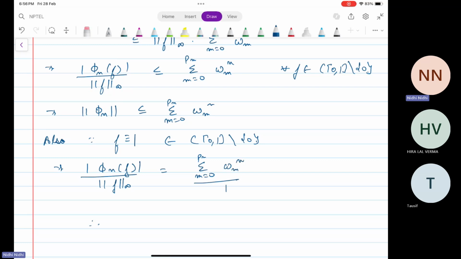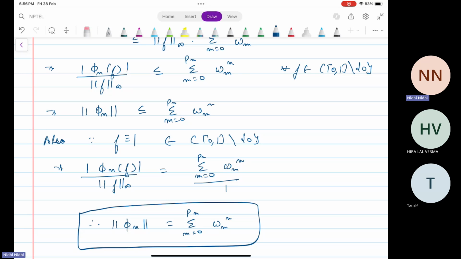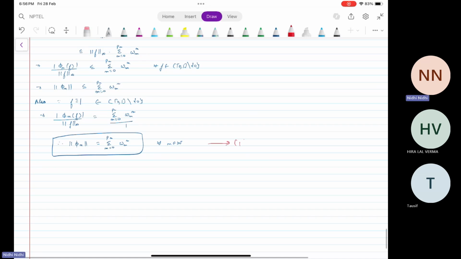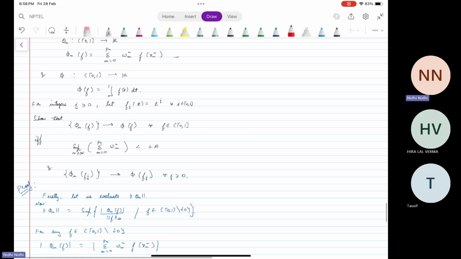So therefore, the operator norm of phi_n is equal to summation m from 0 to P_n of w_mn. This is for every n in N. So let me mark this as number 1. Now we need to show star holds if and only if hash holds. Now suppose equation star holds.